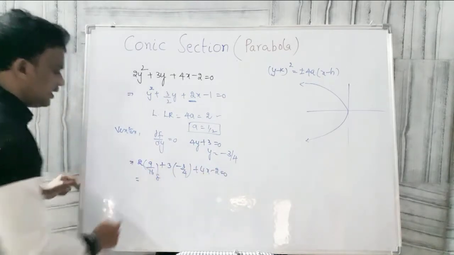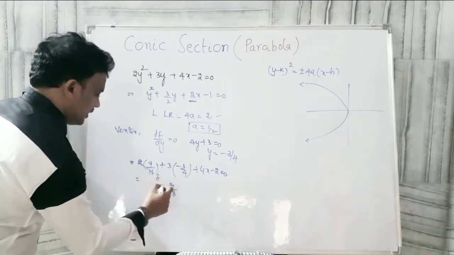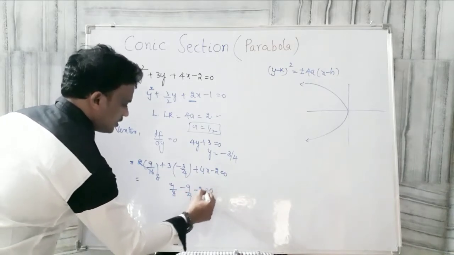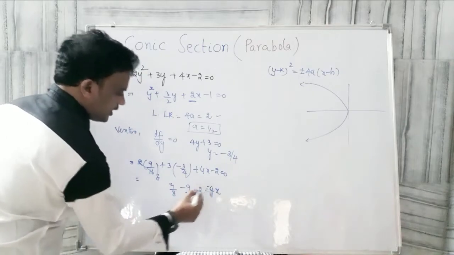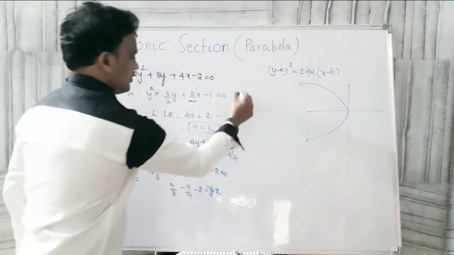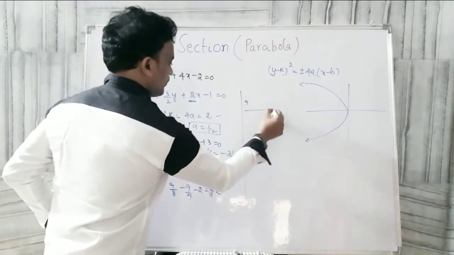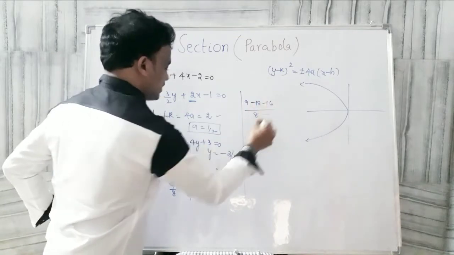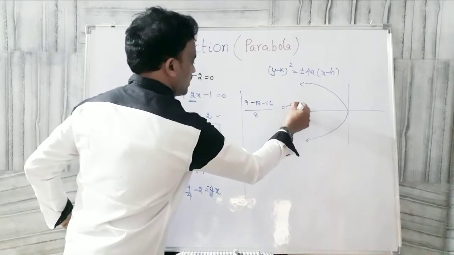Okay, it is 9 by 8 minus 9 by 4 minus 2 equals minus 4x. First of all, simplifying that value, the LCM is 8: 9 minus 18 minus 16 is minus 4x.